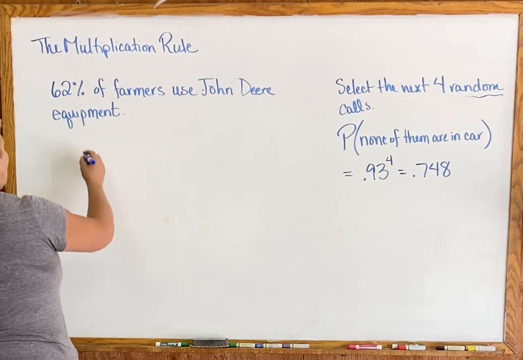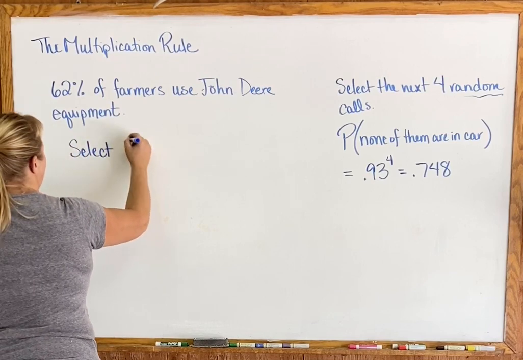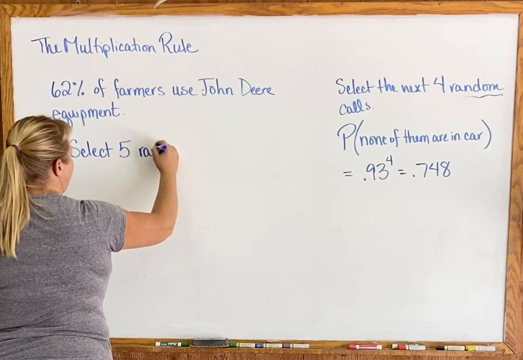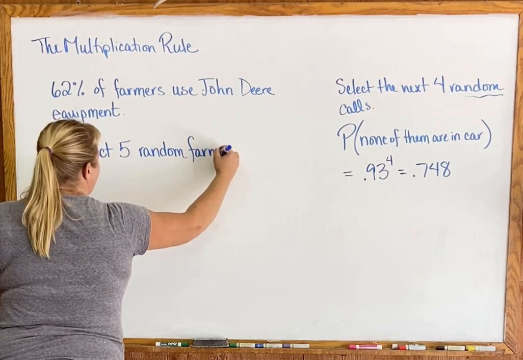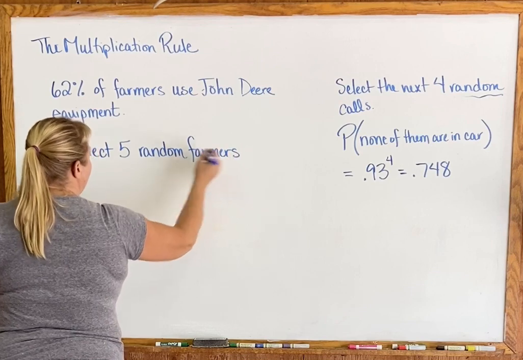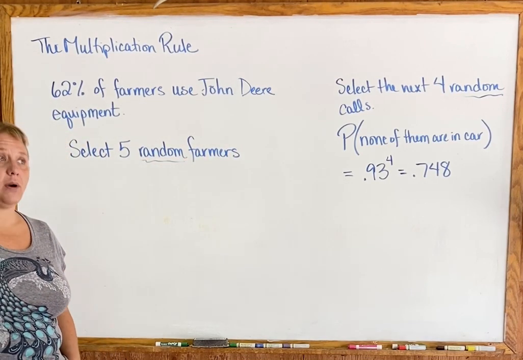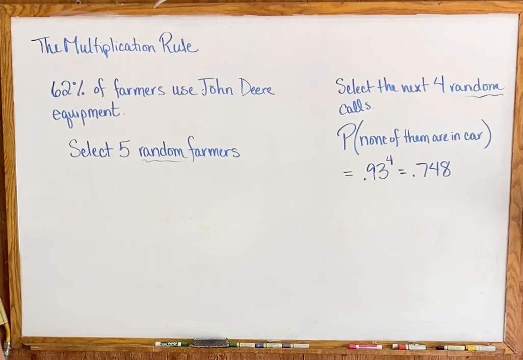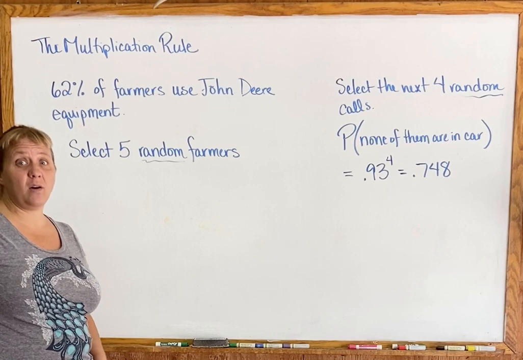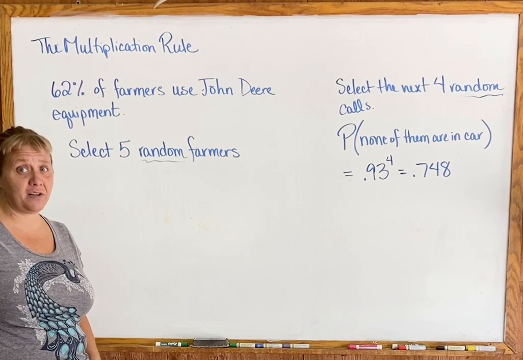So now we are going to select 5 random farmers. Now again, the random is in there to give us that independence, all right? Now, just like a lot of people are about their cars, farmers are very kind of particular about their equipment. So if you're a John Deere family, you're a John Deere family.